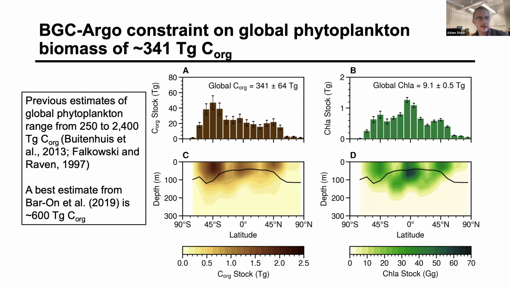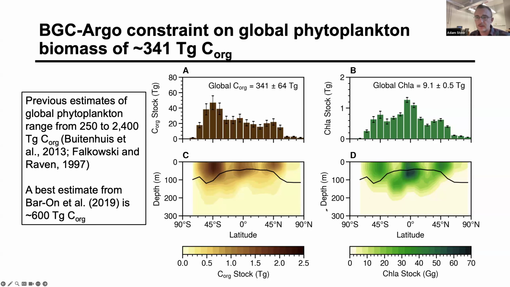And so that's roughly double what we have from BGC Argo. And the big value of this is that we have that subsurface information too, so we can account for maxima in chlorophyll and carbon that occur below the surface. And you can see that here towards the oligotrophic regions of the ocean.